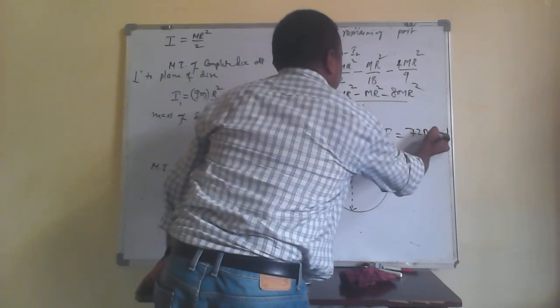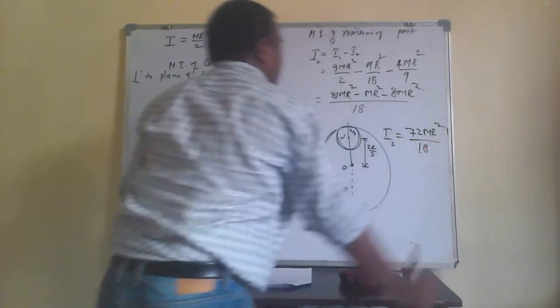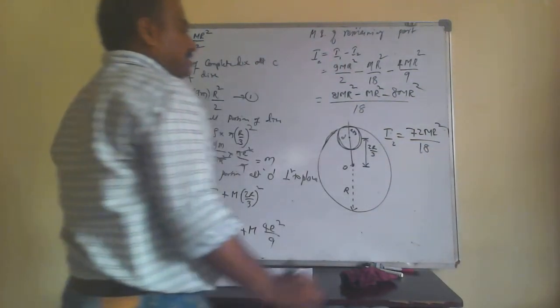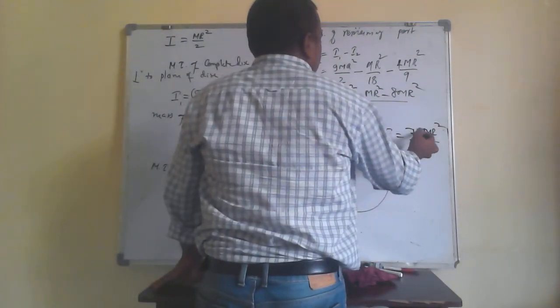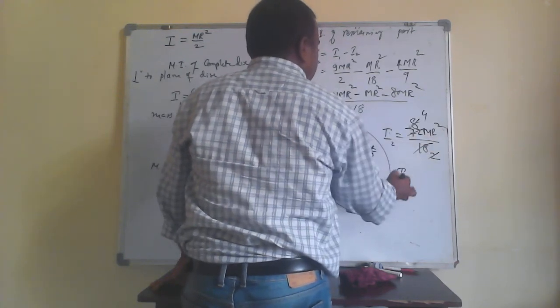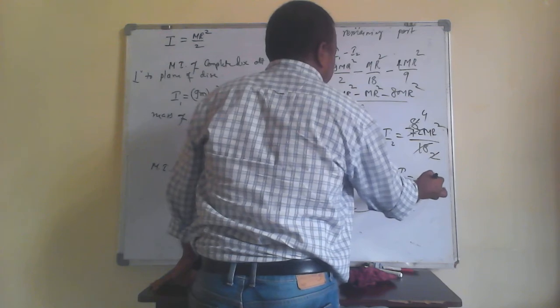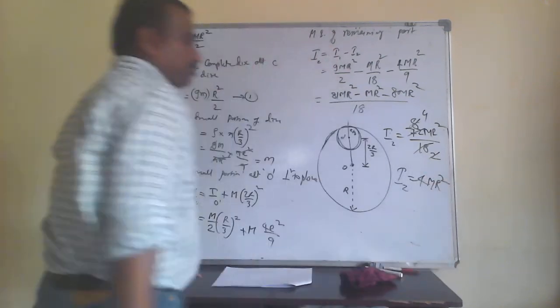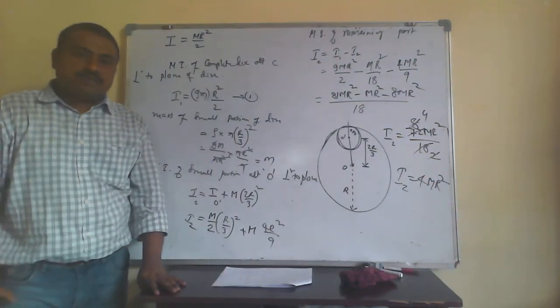So 72 m r square divided by 18. Simplifying, the answer is Iz equal to 4 m r square. Like that you have solved the problem. 4 m r square. Understood?